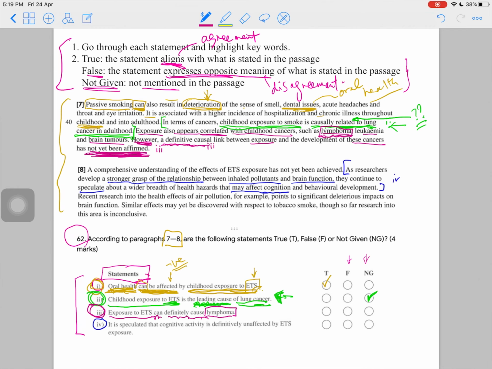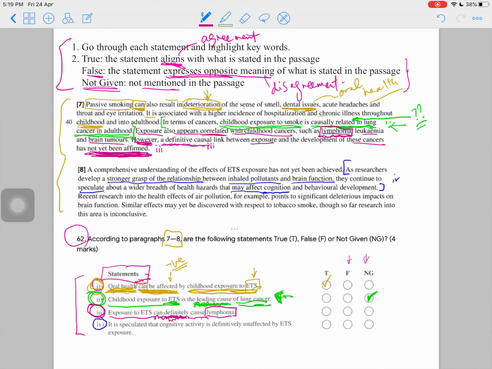Okay, so there is a link, okay, but you actually cannot say it can definitely cause lymphoma here, okay. You cannot be so sure, okay, because it's actually not yet confirmed. All right, so this is actually not a definite case here, okay.